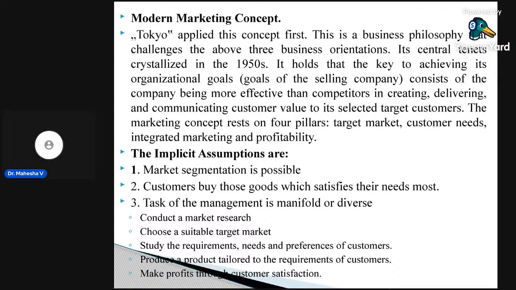Market segmentation is possible. There is ample opportunity or scope for market segmentation. You can divide the market based on various bases or criteria, in order to look after your market very effectively. Why does one have to look after the market very vigilantly?